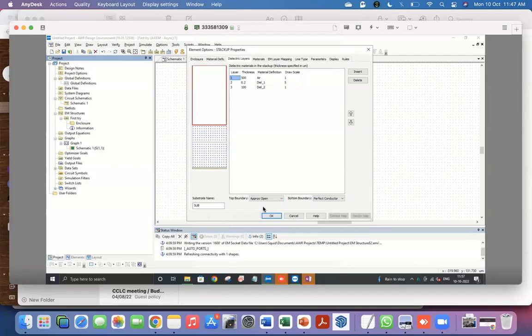And then you see three boxes here. This red one, which is highlighted, then this one, and then this one. These are the dielectric layers. It is entered here as default. The material is given here. So the top one is air.